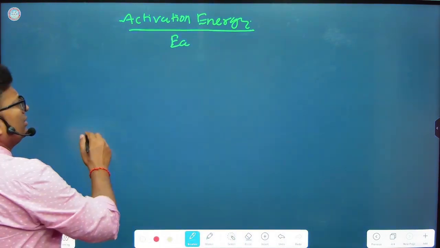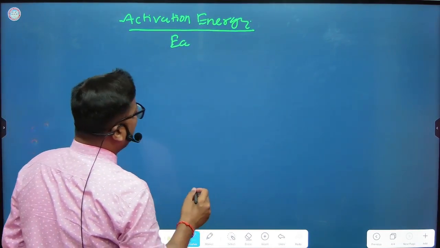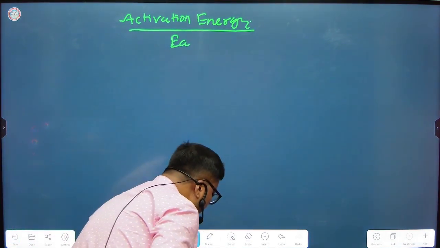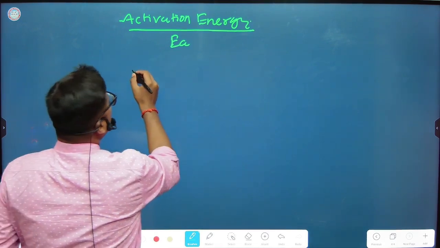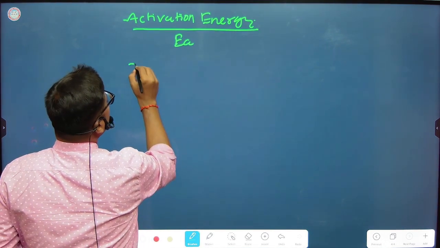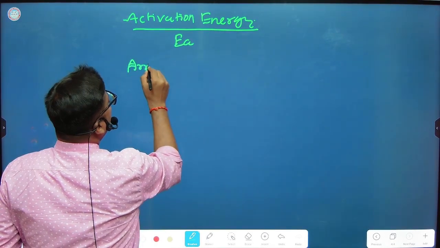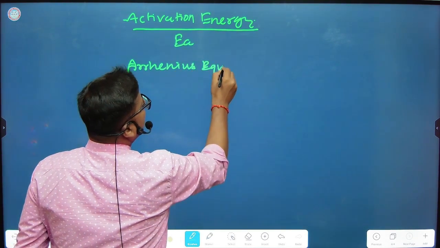So the most important expression is the Arrhenius equation. As you know, this is the Arrhenius equation.